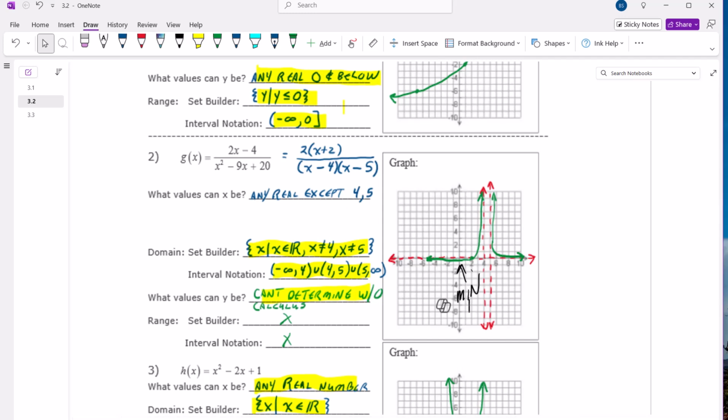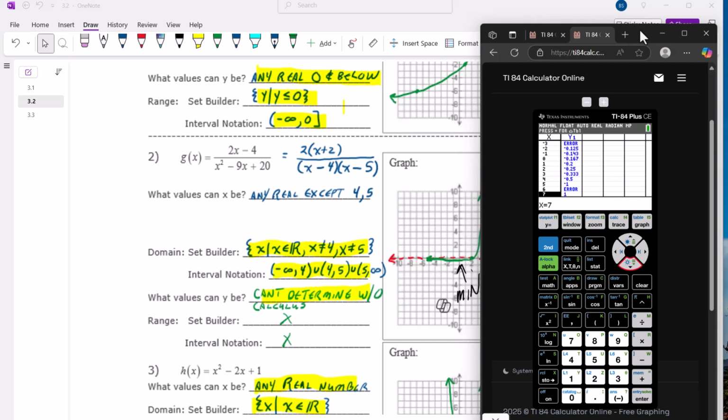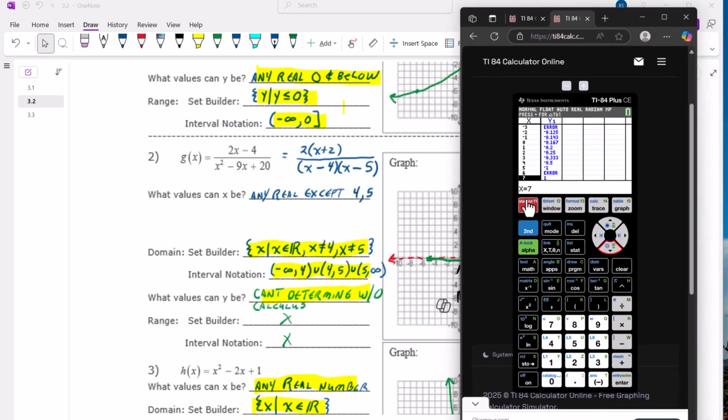I probably could go through and show you this on the graphing calculator, and this is probably worth doing. So let me show you what you could do on this. So if I graph 2x minus 4 in the numerator, divided by x squared minus 9x plus 20, and if I do this in a standard window, you've kind of got a minimum right there.